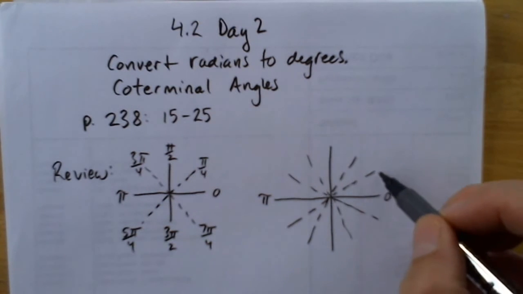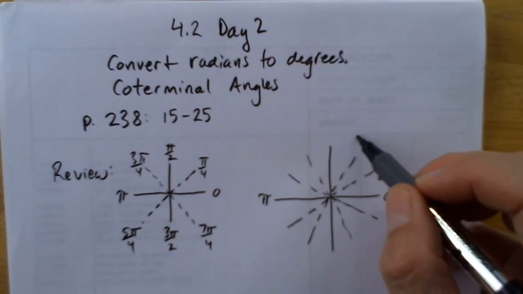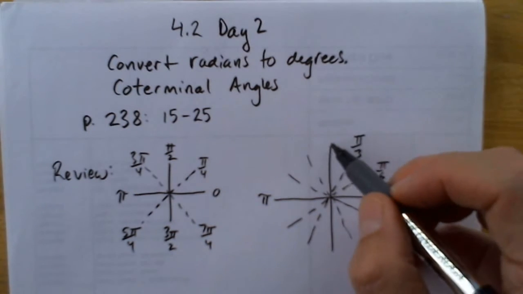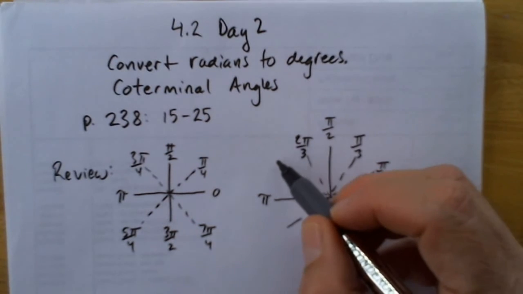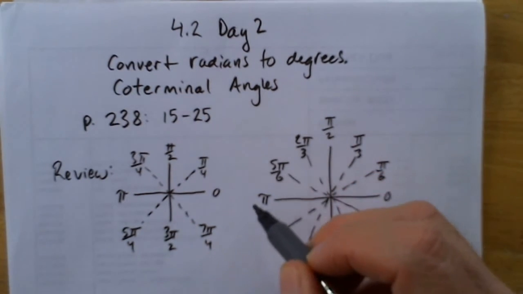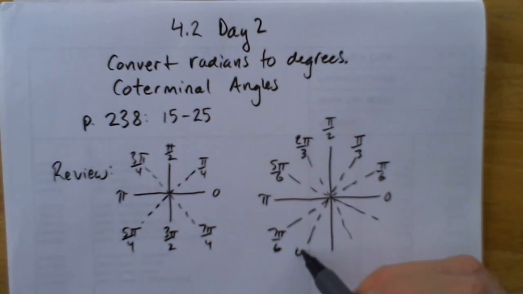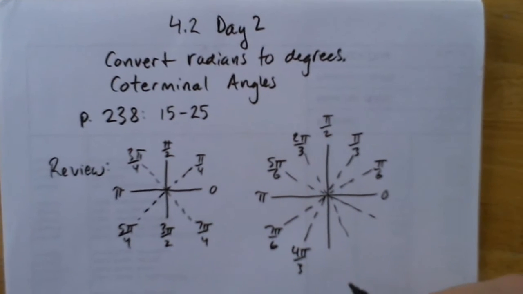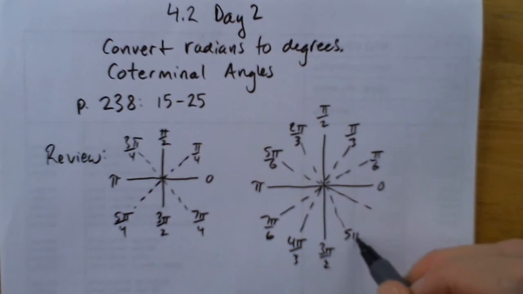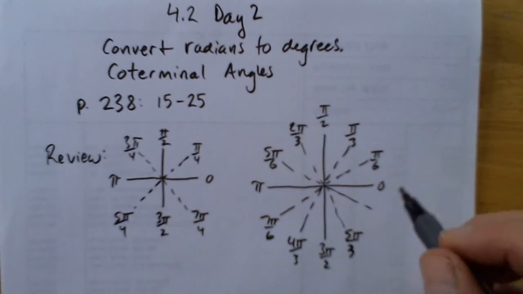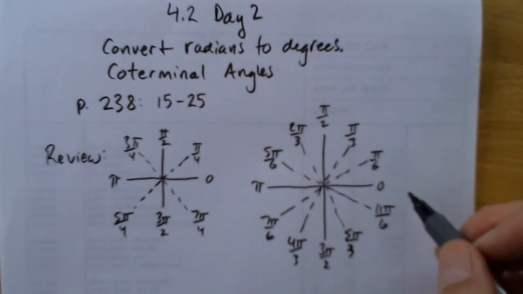And so if each one of these is 1/6 of pi, we have pi over 6, 2 pi over 6, which is pi over 3, 3 pi over 6, 4 pi over 6, 5 pi over 6, 6 over 6, 7 pi over 6, 8 pi over 6, 9 pi over 6, 10 pi over 6, and 11 pi over 6, and all the way back to 2 pi.